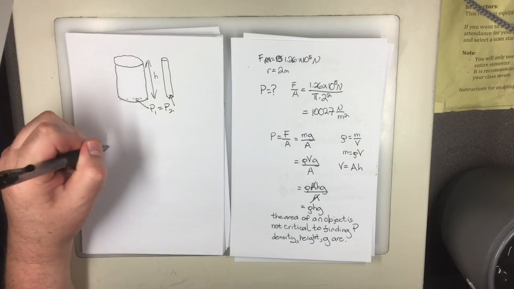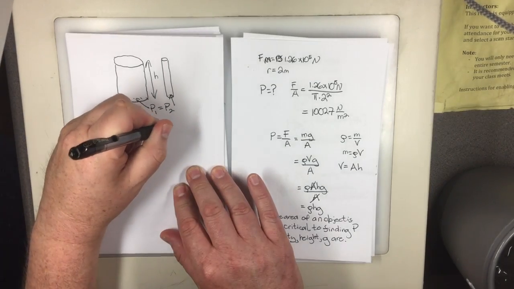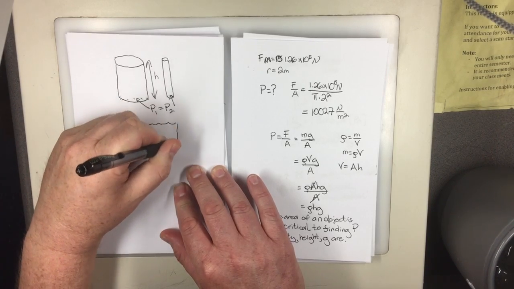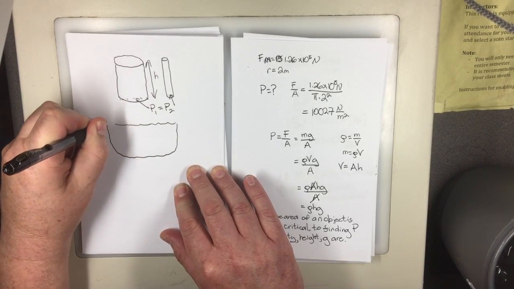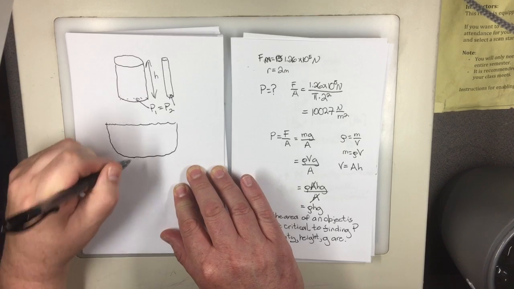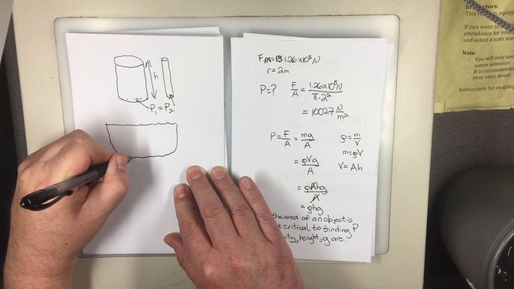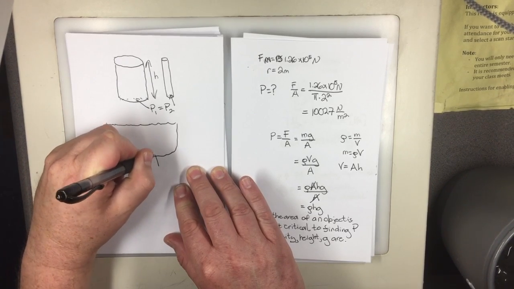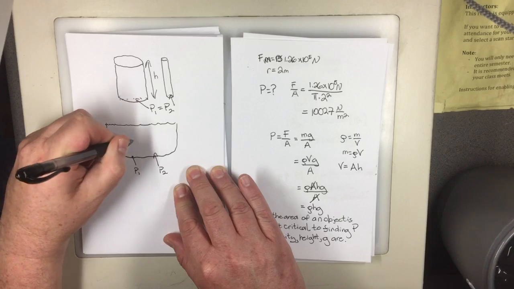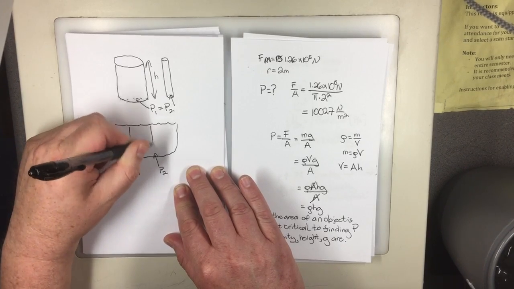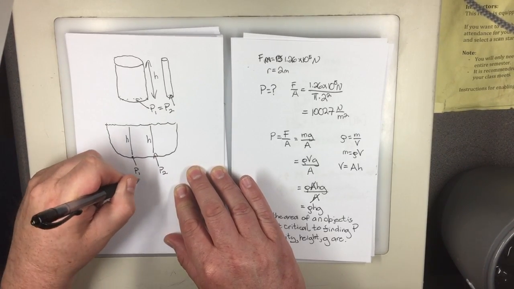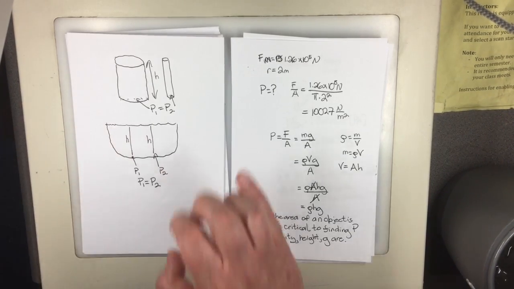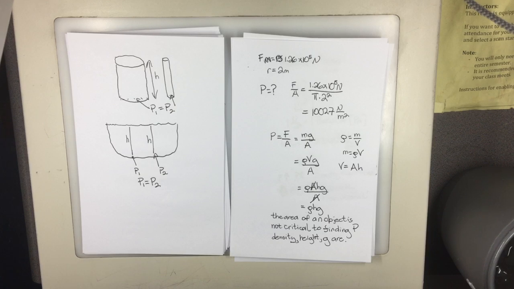And you could even take a look at, if we had a tank of water and a bowl, and we measured the pressure there, and we measured the pressure there, and both of them are under height h, that P1 is equal to P2, as long as the depths are identical.